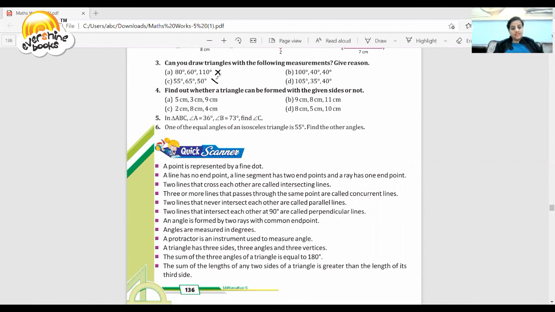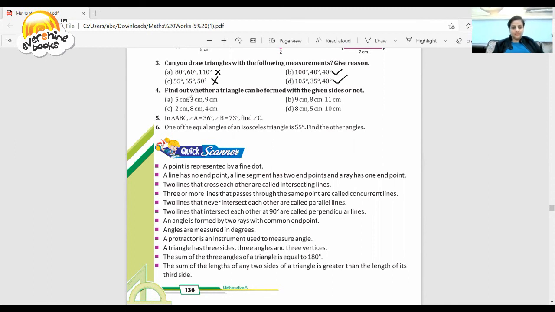So it is less than 180, it cannot be. Here it can be, because the sum of all the angles is 180. Here it can be because 105, 35 and 40 sum to 180.